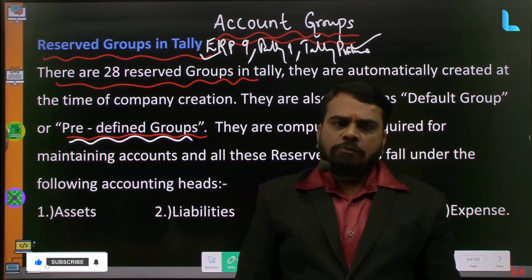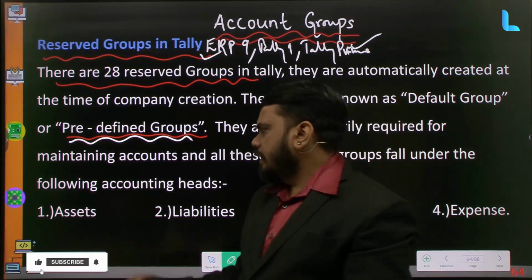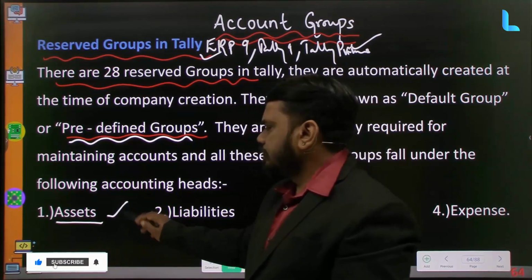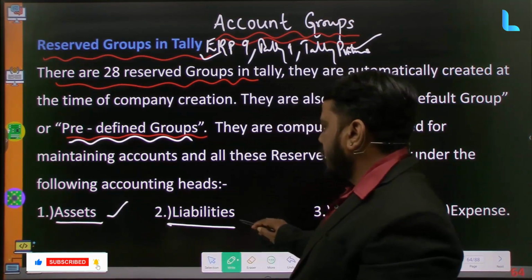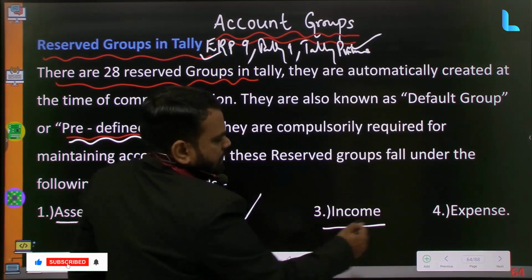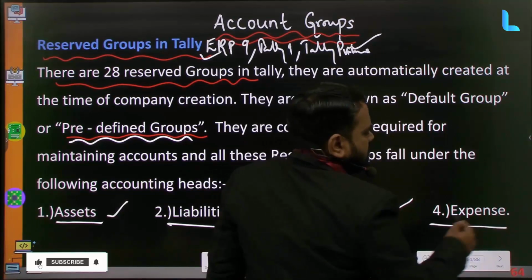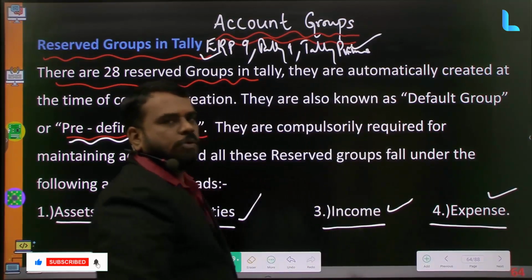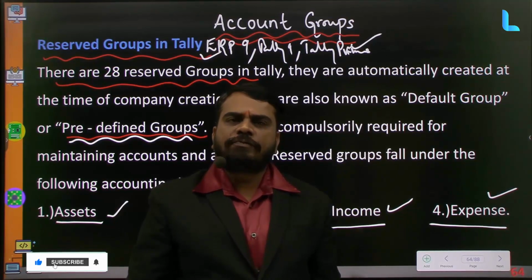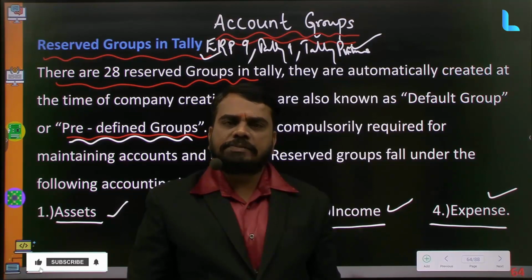Whatever reserved groups are created, they are created under the following account heads, that is assets, liabilities, income or expenses. So whatever reserved groups get created will fall under these four account heads: assets, liabilities, income and expenses.